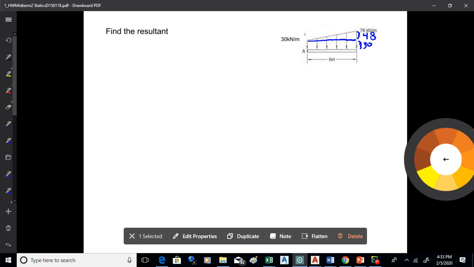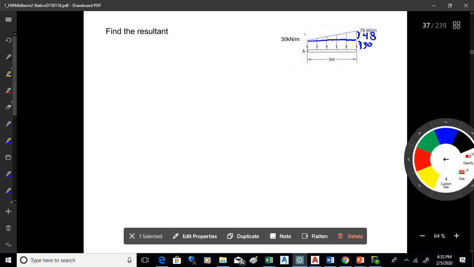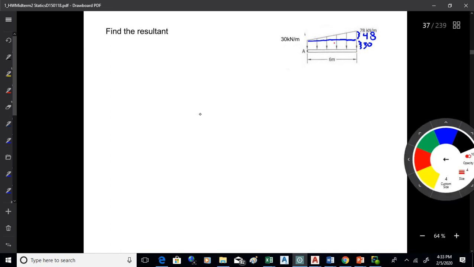So what you're going to do then is find the areas of these shapes and then apply those areas, which are forces, at the centroids of the shape. So we've got two centroids here, one for the rectangle, one for the triangle. You want to find the area of each. So the force, I'll put that as F for the rectangle, will be what?